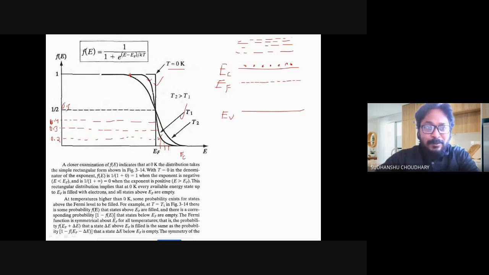That is what we say: the Fermi distribution is symmetrical around the Fermi level. Here I had a probability of finding an electron as 0.5. At this point, let us say it is 0.6, then 0.7, 0.8, 0.9, and finally 1.